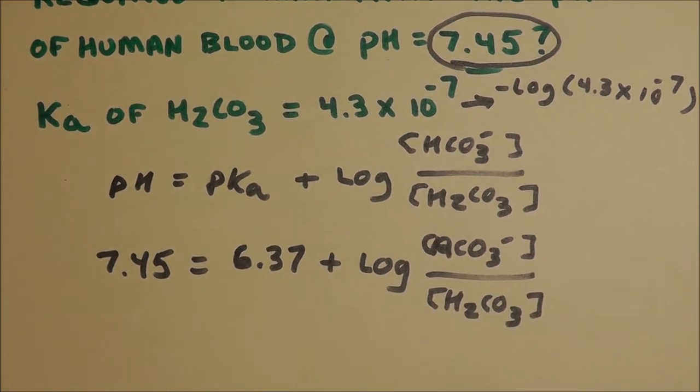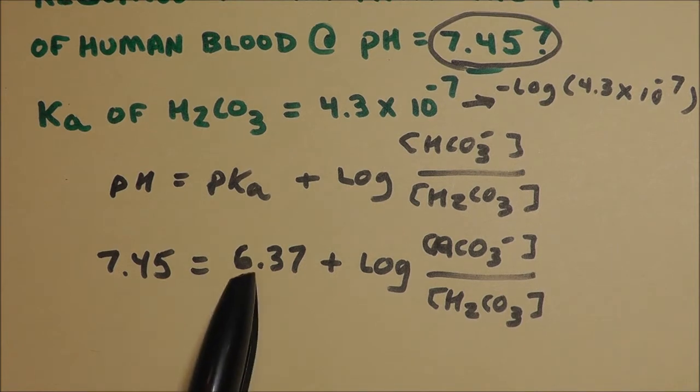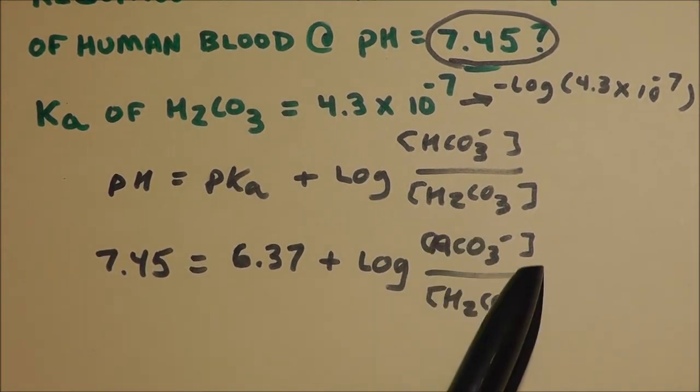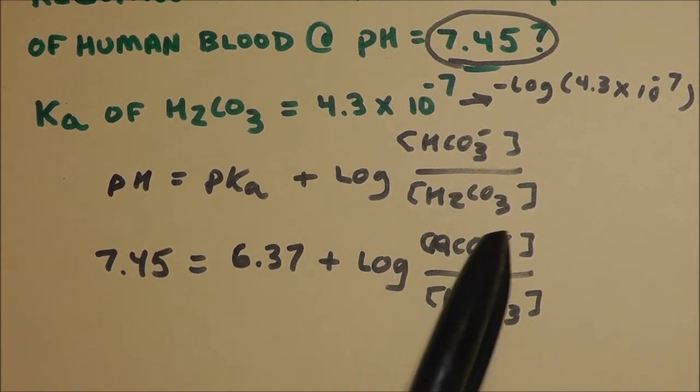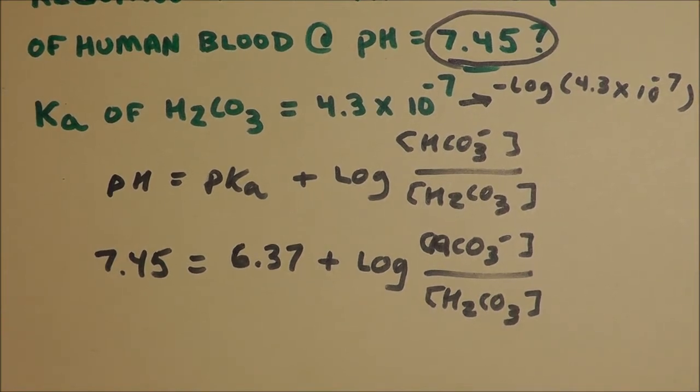So I can tell by looking at it thus far, because the pH of human blood is greater than the pKa, there's a lot more bicarbonate ion than there is carbonic acid, and it's actually almost a factor of 10. A difference of 1 inside a logarithm means 10 and 2 means 100. And usually a buffer solution has roughly equal parts, but it doesn't have to have equal parts of both.